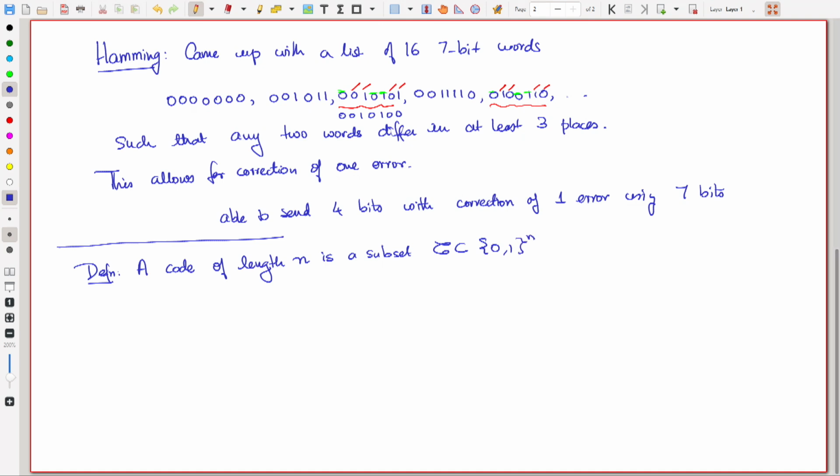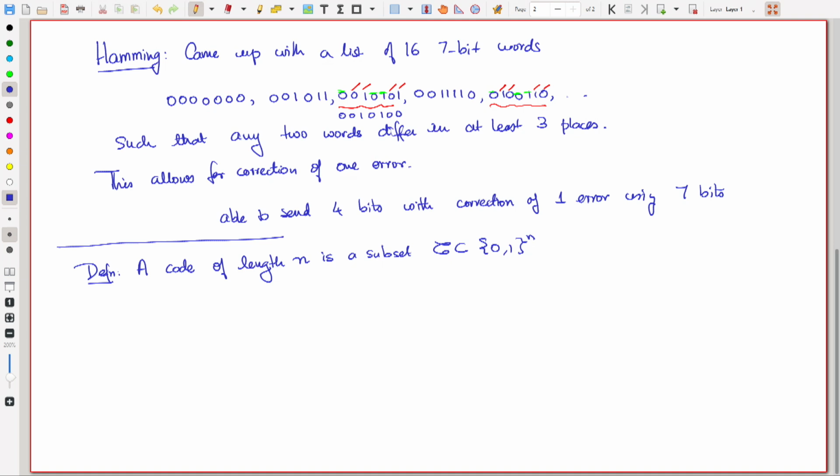In Hamming's code, n is equal to 7 and C consists of 16 carefully chosen words.